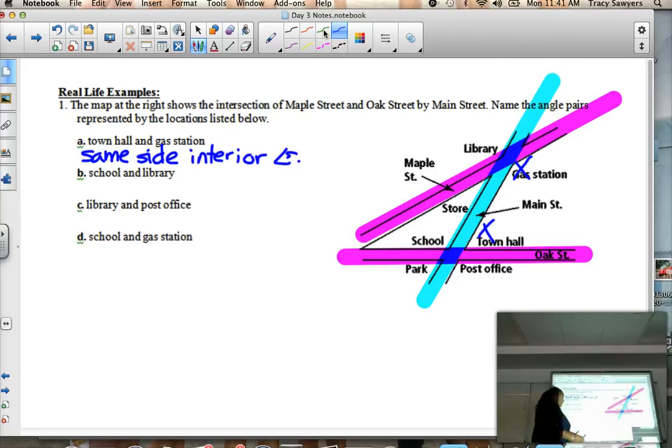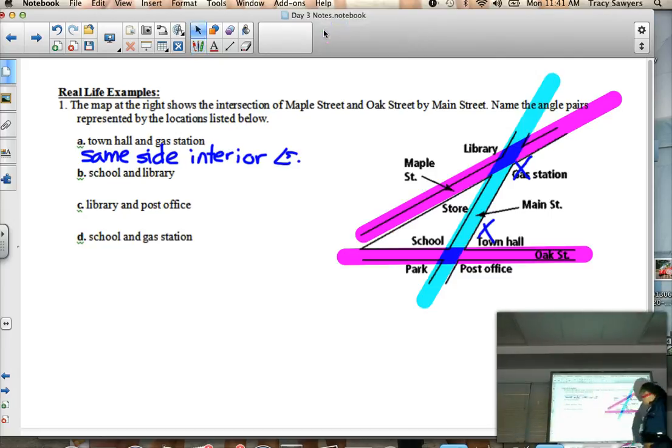How about if we look at the school, which is over here, and the library, which is up here. School and library. Corresponding.